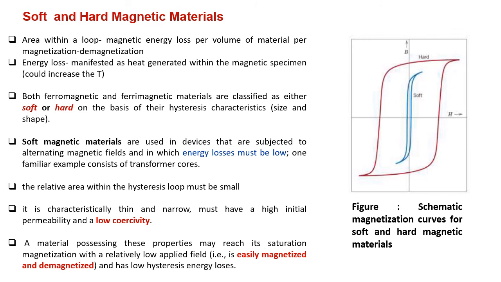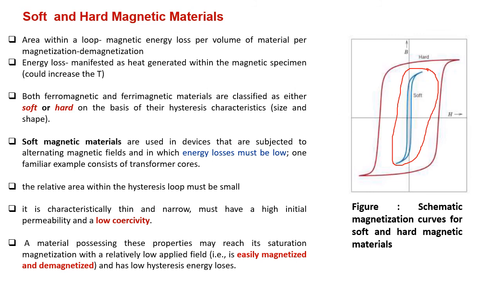The relative area within the hysteresis loop must be small. So this one is for the soft magnetic material, which has the small hysteresis loop. It is characteristically thin and narrow, and must have a high initial permeability and low conductivity.